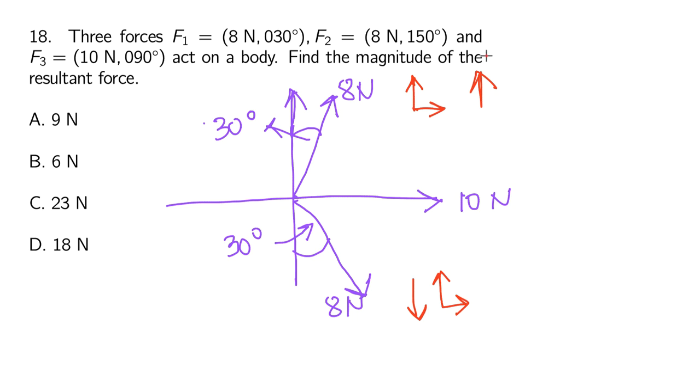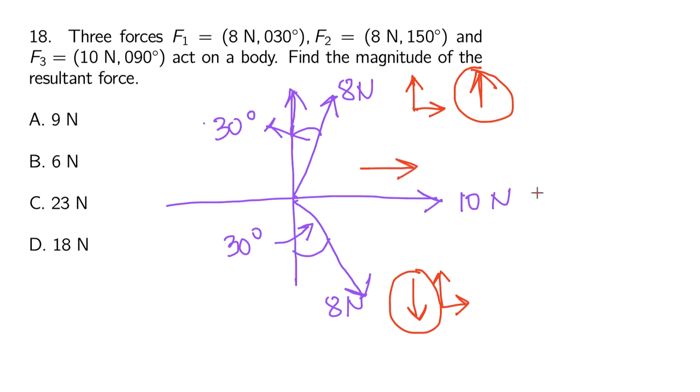And the observation I want us to make is that the vertical component of this force is going to have the same magnitude as the vertical component of this 8 Newton force, and they're going to cancel out. So adding this force to this force, their vertical components will cancel out, and we're going to be left with their horizontal components, which are going to be in this direction.